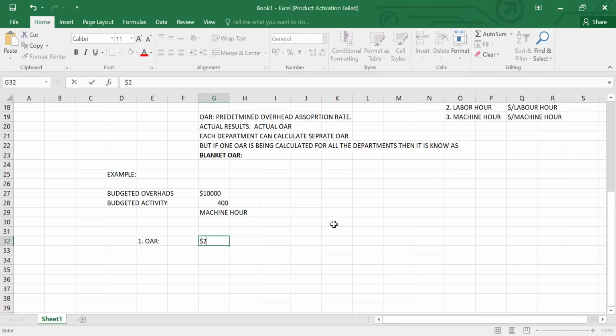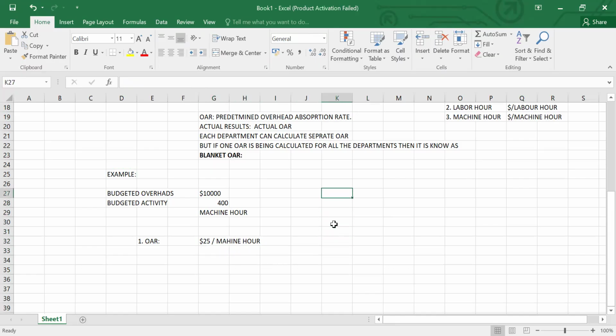So I will write it as $25 per machine hour. Now, after this OAR is calculated, if we are making one product, then the amount of overhead cost going into the product cost will be $25. This was our budgeted result.